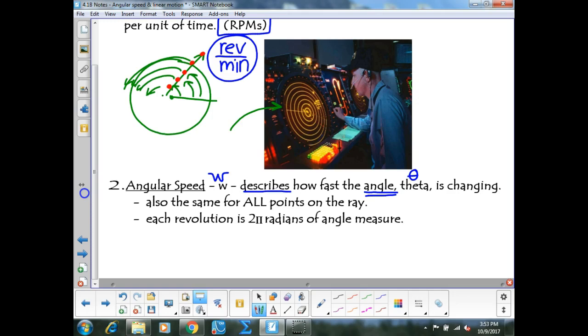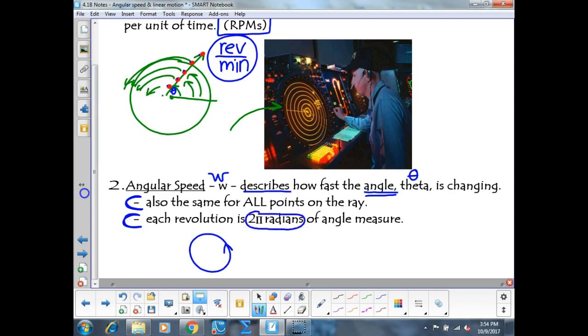If we go back to this idea of the ray going around, the angle theta is inside here. So the angle theta would be the same angle for all of these points along the ray. Whatever the angular speed is at one point along that ray, it's going to be the same throughout. The other thing to keep in mind is that every time I go around one full time, I've gone the equivalent of an angle of 2 pi radians.